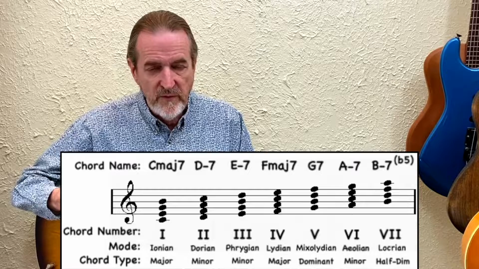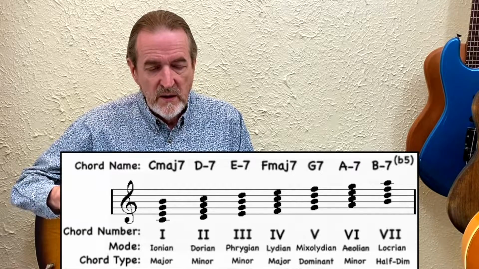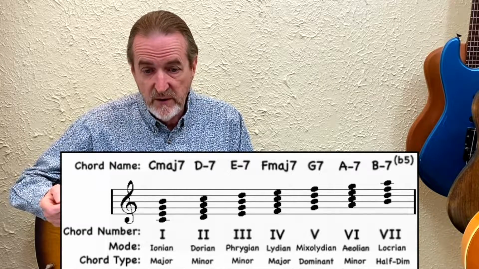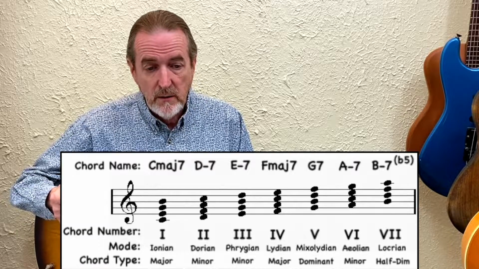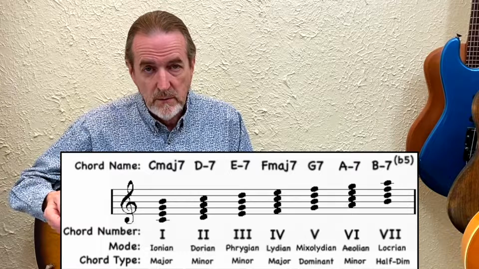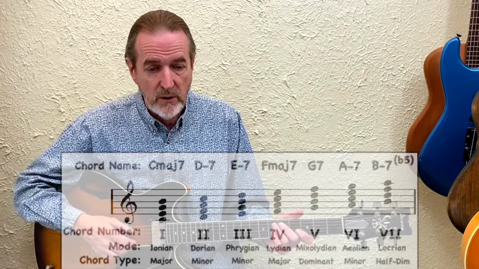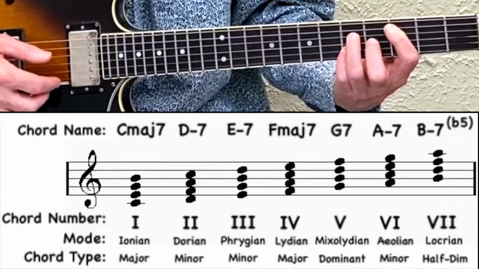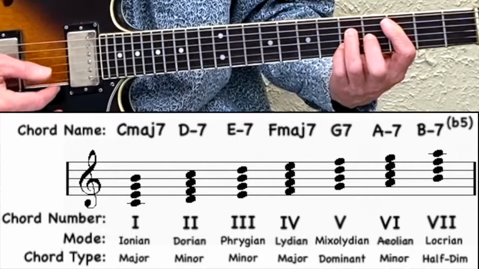The important thing that I want you to see is the chord number, 1, 2, 3, 4, 5, 6, 7 in Roman numerals, and the chord type, okay? Major, minor, dominant, and so on. So C major 7, that's the one chord. The mode is Ionian. The chord type is major 7.